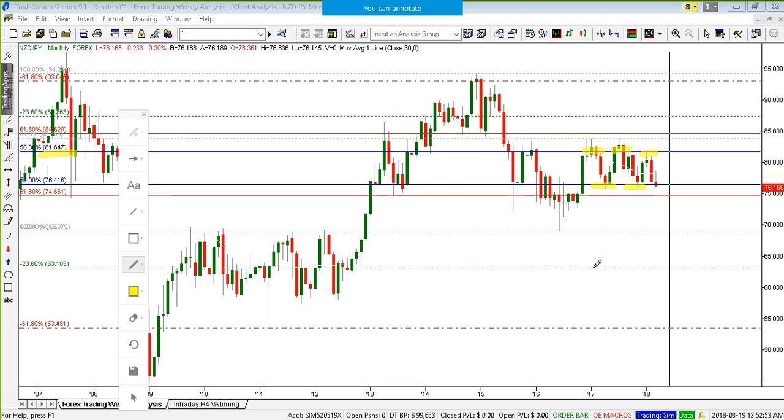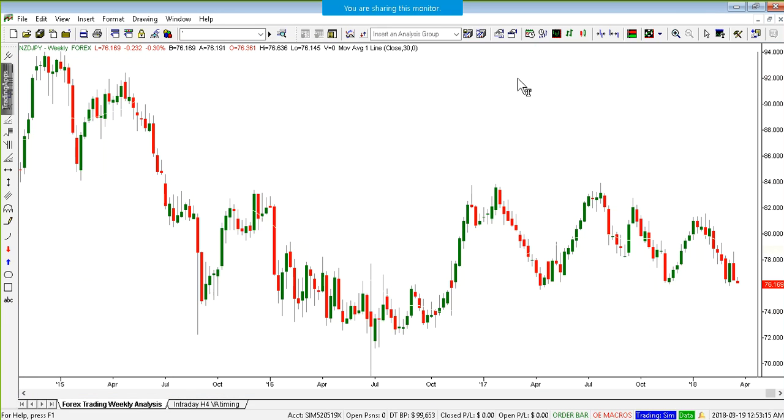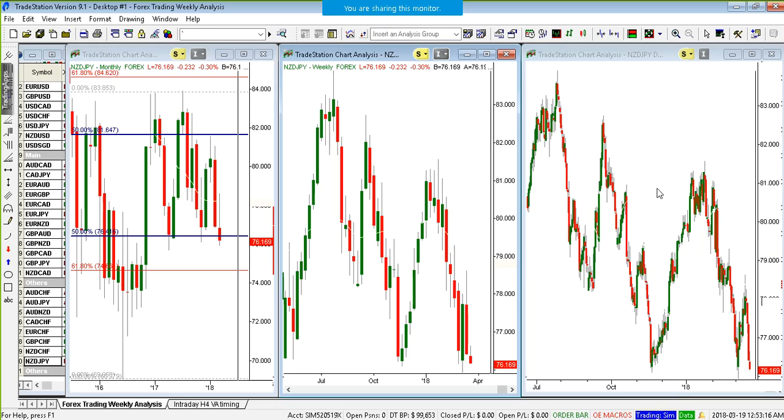The longs were also in play here, but I mentioned in the last few weeks that this market would retest the 76.41. That's what has happened, and now this weakness we're seeing in New Zealand dollar could actually continue this week, and the strength in the Japanese yen could keep pushing this price lower.